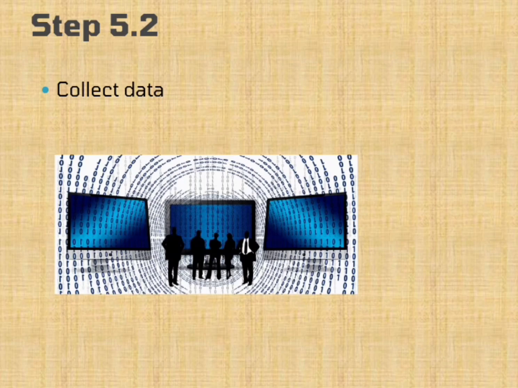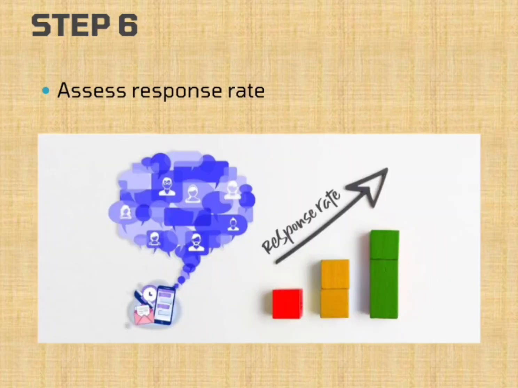And the sampling process wouldn't end there. We have to assess the response rate. Response rate is the number of cases agreeing to take part in the study. These cases are taken from the original sample. In reality, most researchers never achieve a 100% response rate, right? It's impossible to achieve a 100% response rate.